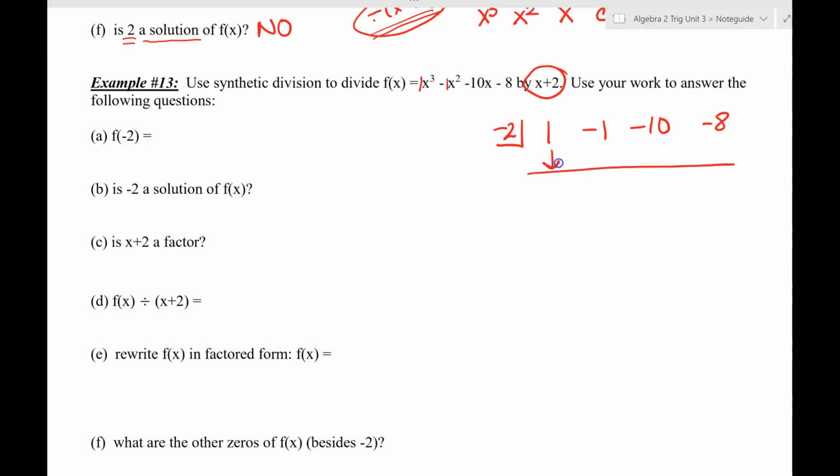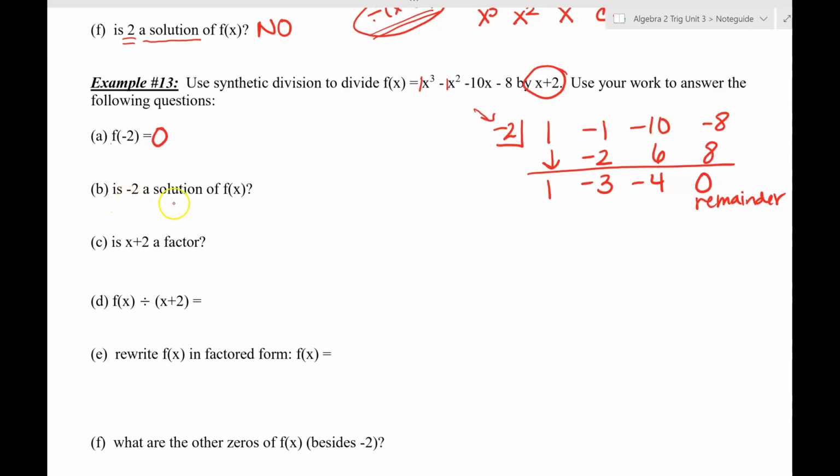If we do the synthetic division process, here's what we get. And then we have to be able to interpret this. So what is f of -2? Remember, we just found out that substituting in -2 is the same as the remainder when we do this division problem. So it would be equal to 0.